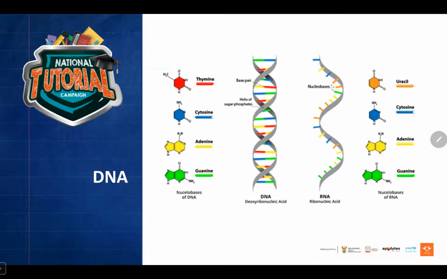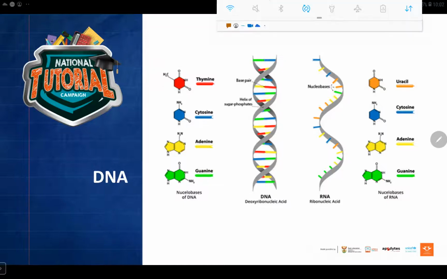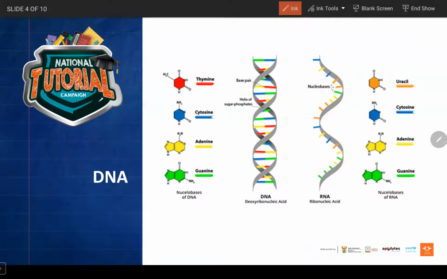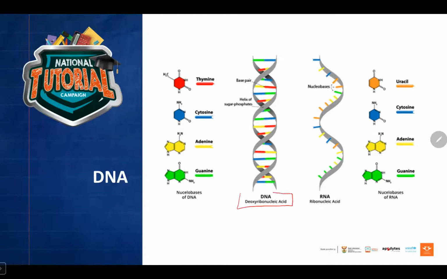So if we look here and we look at the differences between DNA. So DNA, starting off with that, it is called deoxyribonucleic acid, and it is a double strand. You can see that DNA is in the form of, we call it a helix, so it's making these twists, and it's a double helix. It's two intertwined twists.